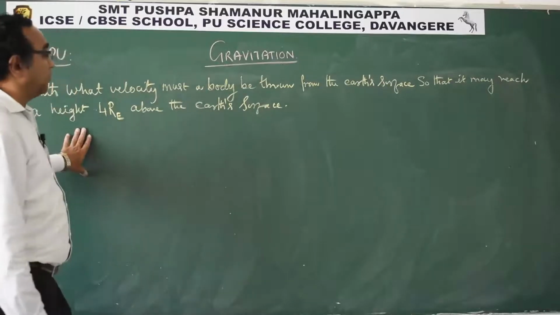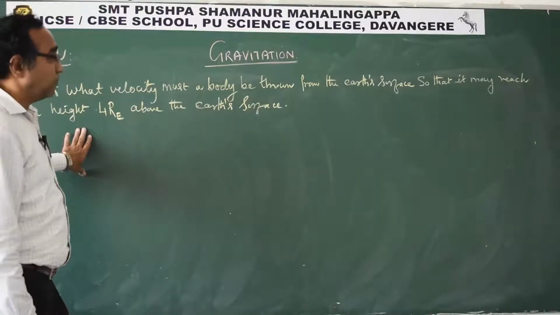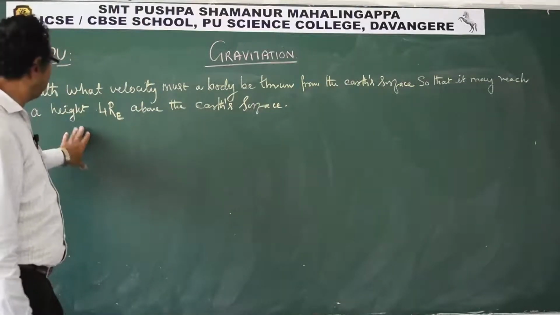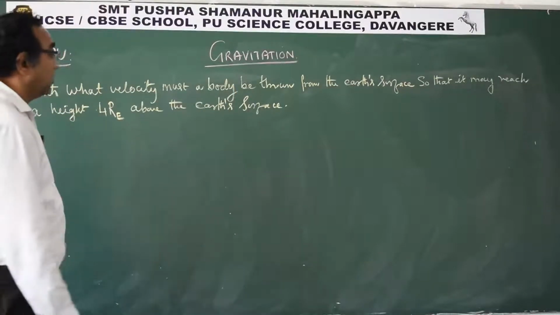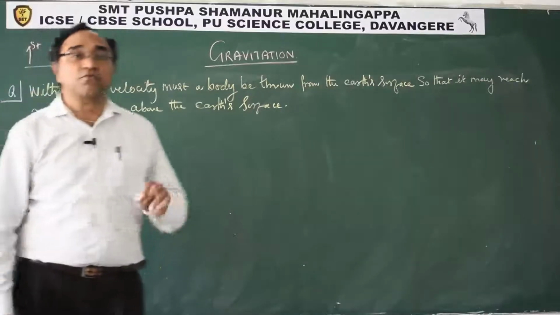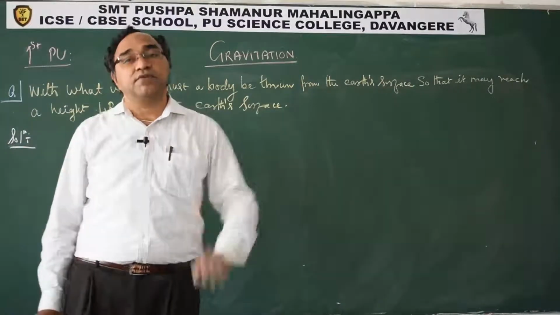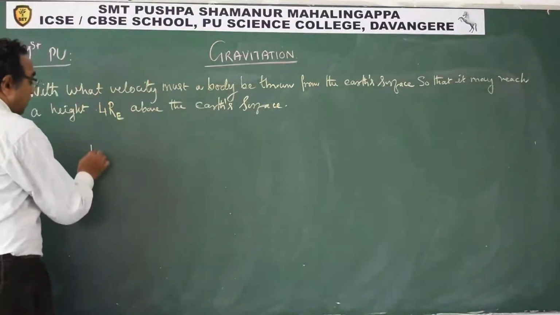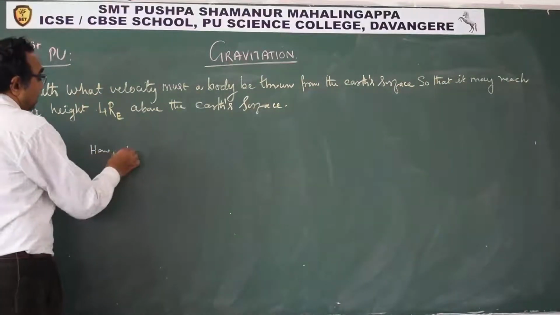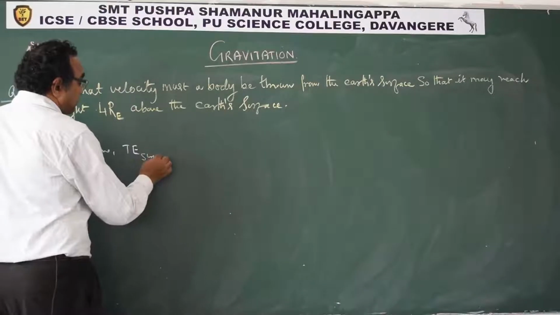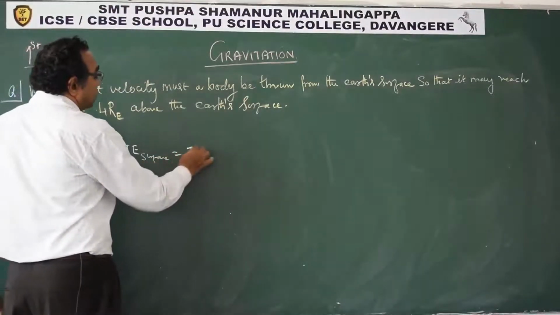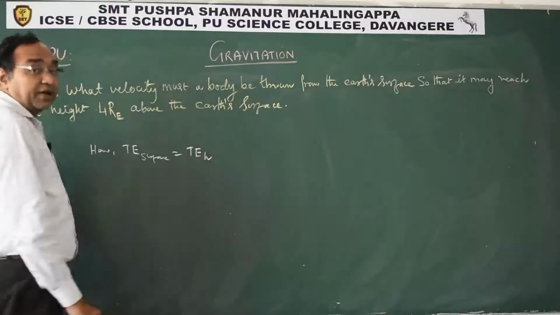With what velocity must a body be thrown from the earth's surface so that it may reach a height of 4 times Re above the surface of earth? So again students, this question deals with the law of conservation of energy. Total energy on the surface should be equal to total energy at the given height h.